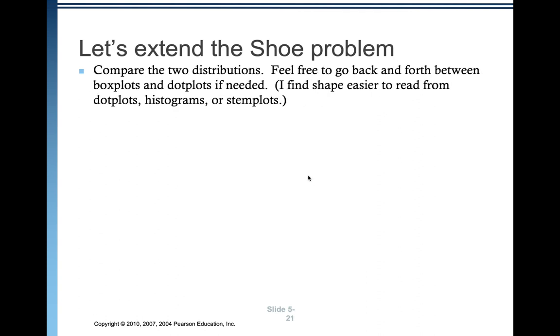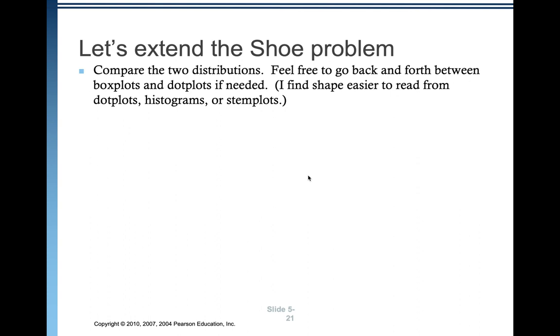But the thing that is critical that you are able to do is to compare two distributions. The nice thing about your graphing calculator is it's super easy to go between box plots and dot plots. Histograms also. In fact, I think a histogram might be really helpful for determining shape in this case.